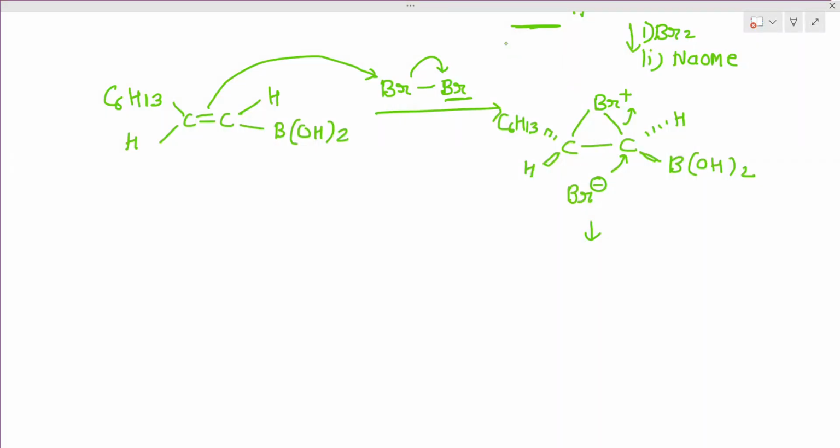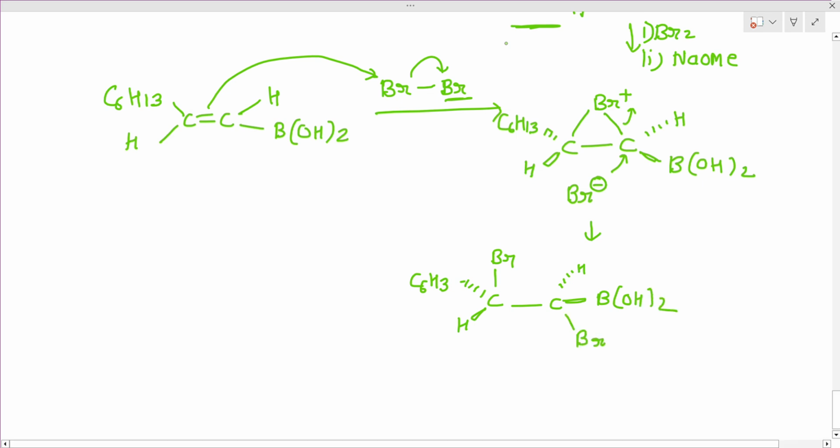So we are getting C6H13 Br, this is hydrogen, C, hydrogen, this is B(OH) whole twice and this is Br.